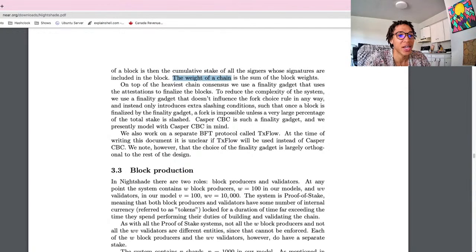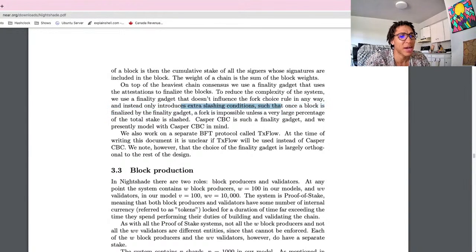The weight of a chain is the sum of the block weights. On top of the heaviest chain consensus, we use a finality gadget that uses the attestations to finalize the blocks. To reduce the complexity of the system, we use a finality gadget that doesn't influence the fork choice rule in any way, and instead only introduces extra slashing conditions. Okay.